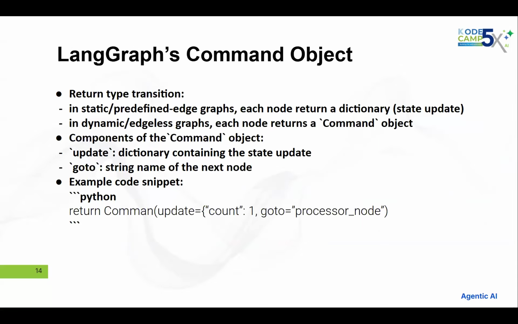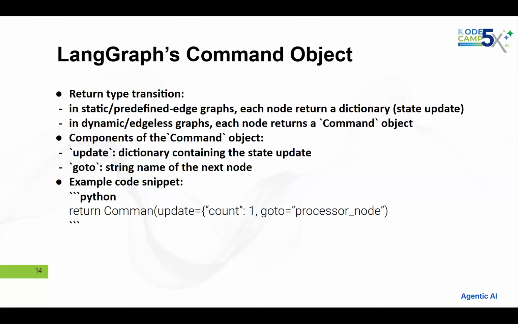So we mentioned the command object as the return type of nodes in edgeless graphs. The command object is made up of an update, which is a dictionary containing the update you want to make to the state.